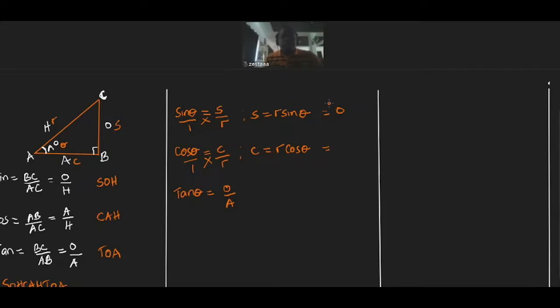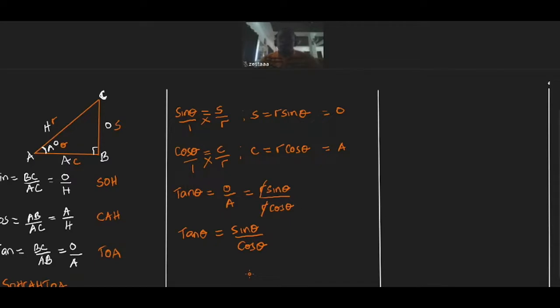So this will be R sine theta, the opposite, out of R cos theta, the adjacent. You will realize that R, the hypotenuse, which is common between the two, goes off. Therefore tan theta is the same as sine theta out of cos theta.